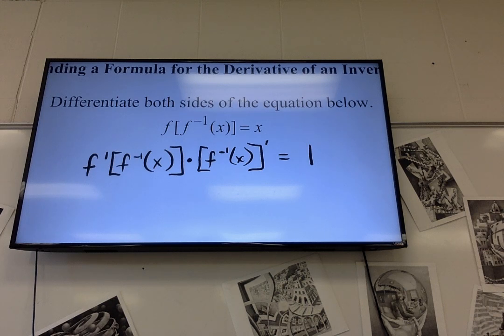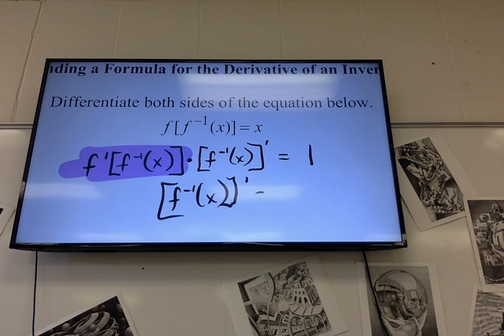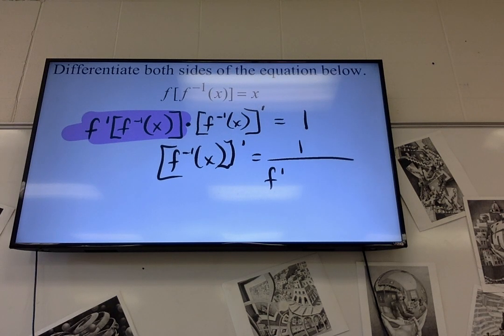Now, we want to solve for the derivative of the inverse. So I'm going to divide by this. So F inverse of X, the derivative, is equal to 1 over F prime of F inverse of X.